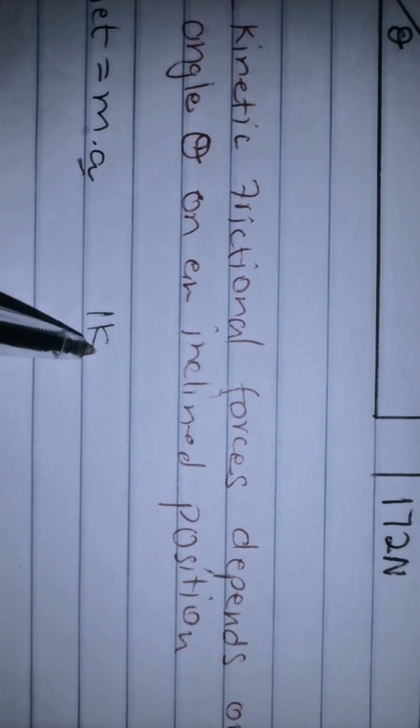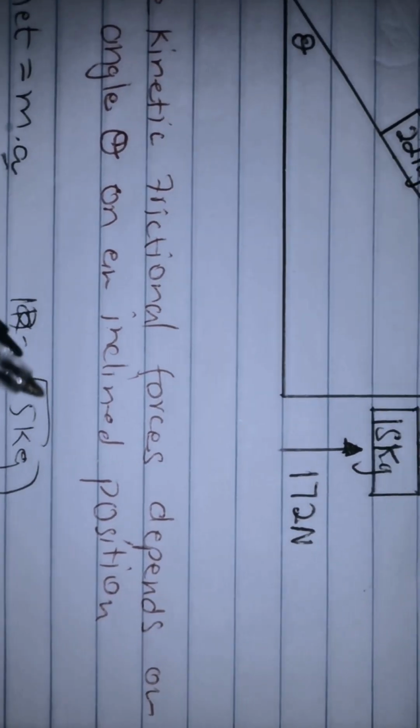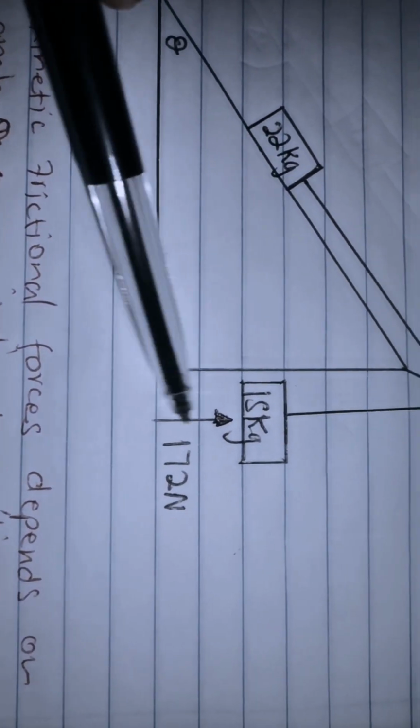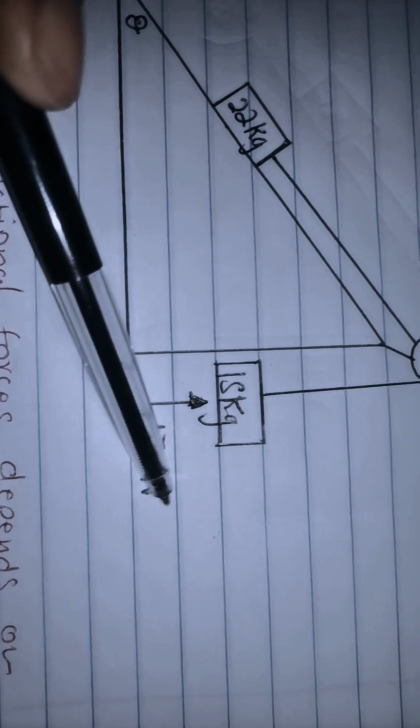Now let us start with our simple one, the 15 kg block. If we check the diagram, guys, there is this force here. It means our 15 kg block is going upward. That means there's this force included here.